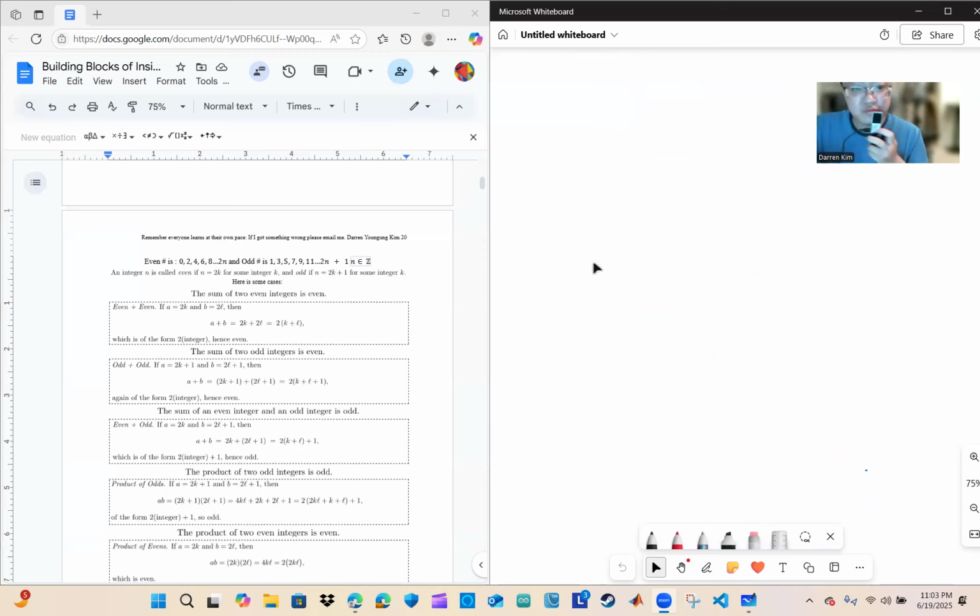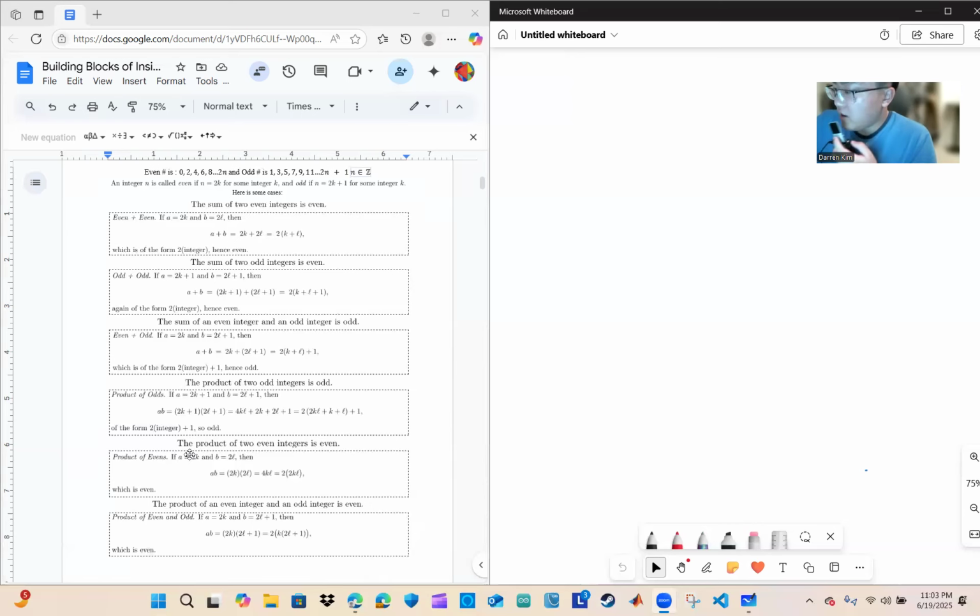Basically, when we're odd, we'll just change it to have a equal to 2k plus 1, and then b equal to 2l plus 1. And here we'll say a plus b, and then you get the drift. It's just 2k plus 1, and then plus 2l plus 1, which is, you get the drift, right?